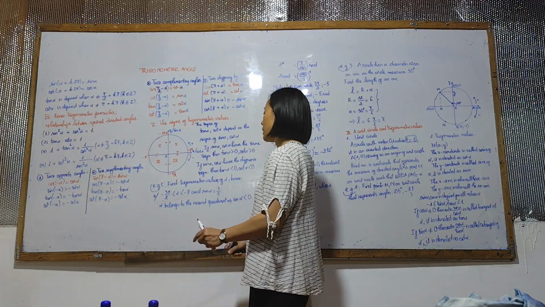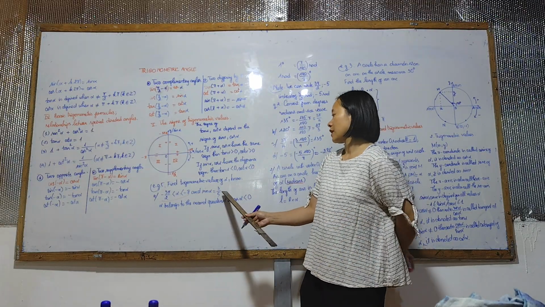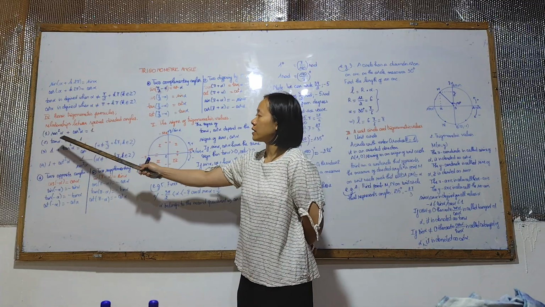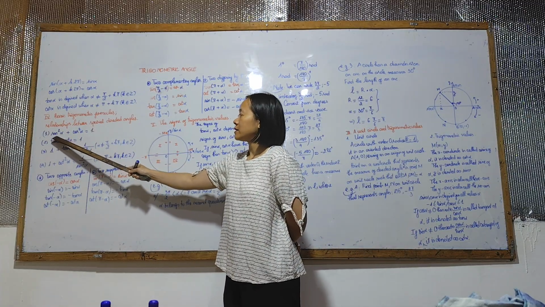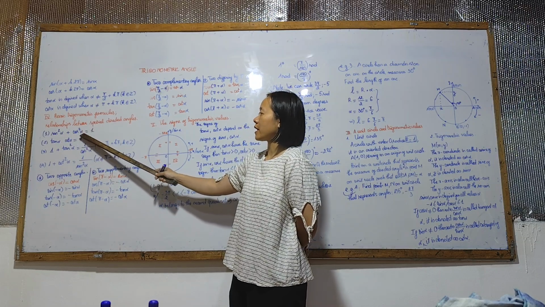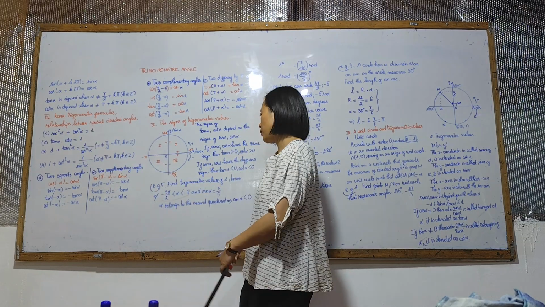Step 2. We have sine alpha, so we can use formula number 1: sine squared alpha plus cosine squared alpha equals 1.